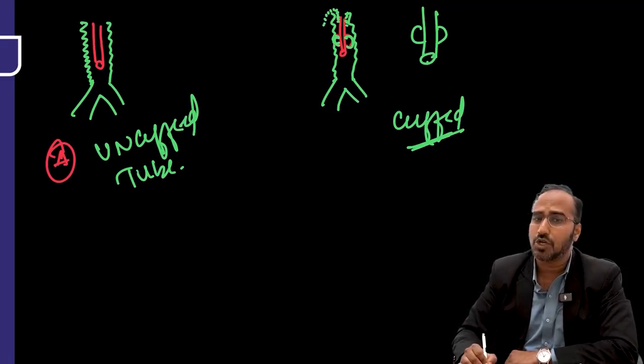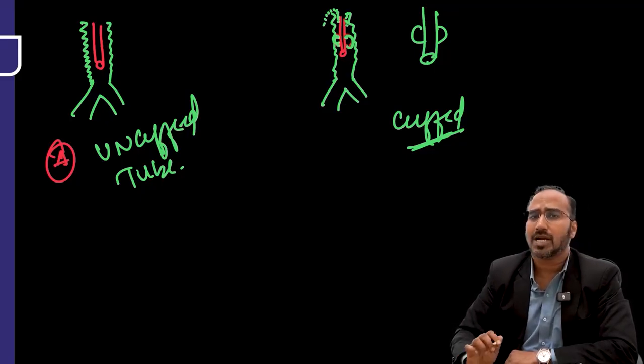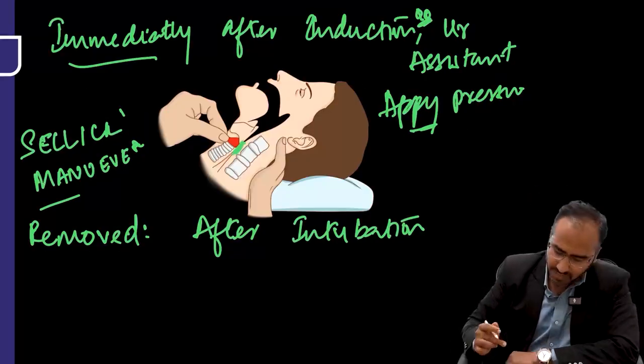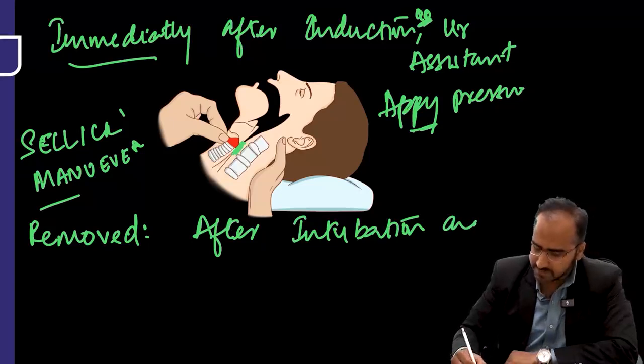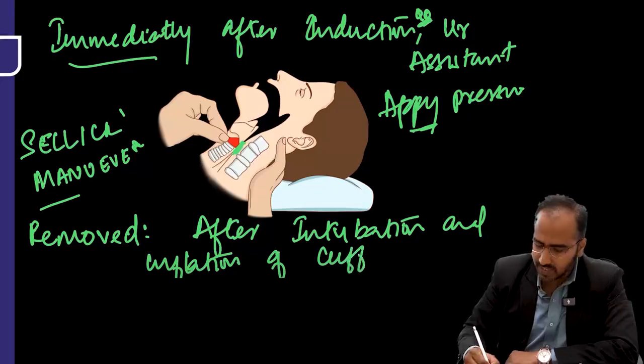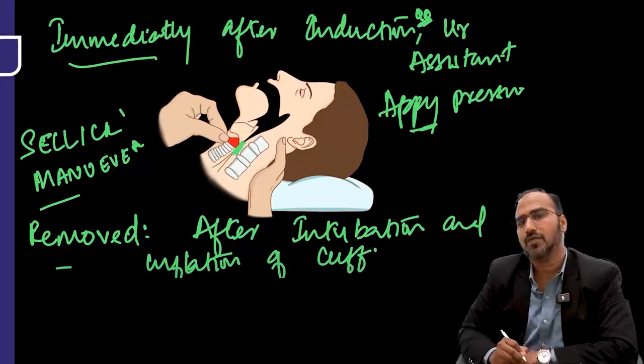No. This cuffed tube prevents aspiration. So your complete answer, when are you removing Sellick's maneuver? After intubation and after inflation of the cuff, then you remove the Sellick's maneuver.